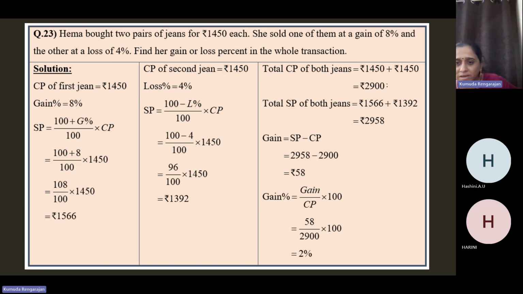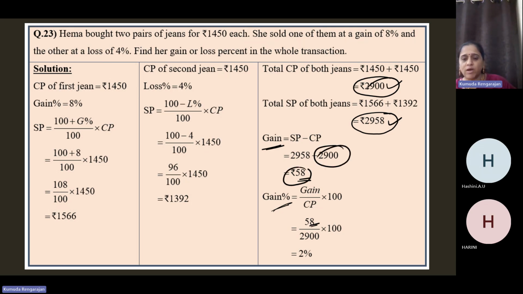Now see here, when you compare these two numbers, SP is more than the CP. So the profit. Profit is SP minus CP, which is 58 rupees. So profit percent will be profit 58 by CP, this profit by the CP into 100.